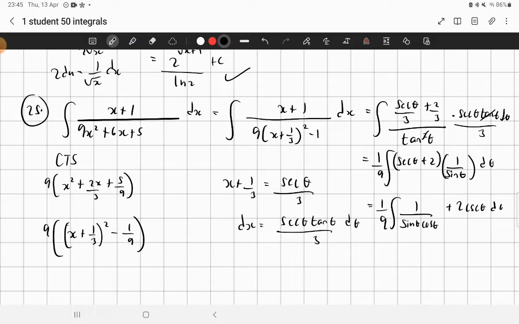That's about it, that I'm currently struggling. 1 over sine theta cosecant theta. I do not know what is the most suitable substitution I could think of. Let me see.